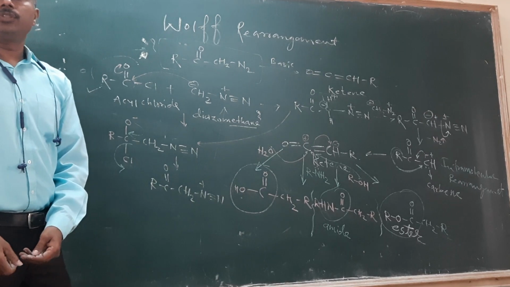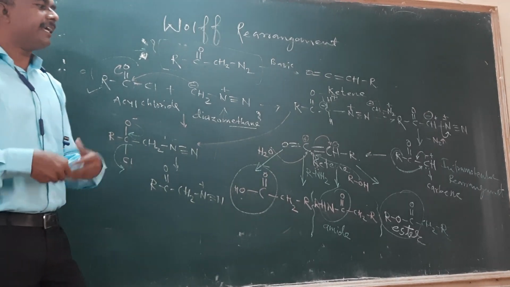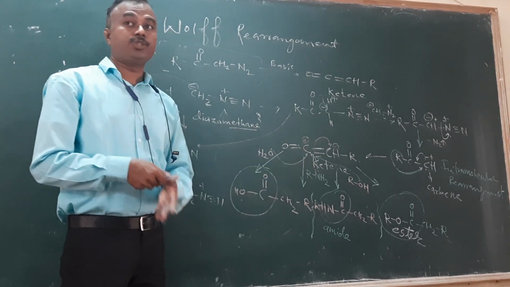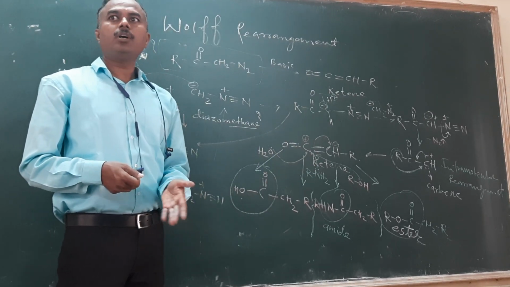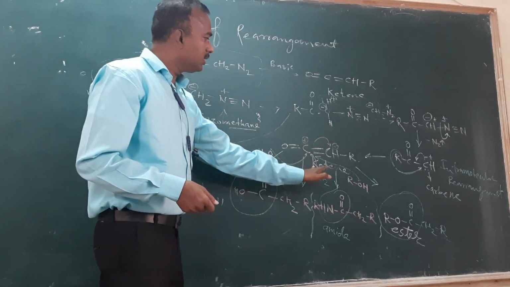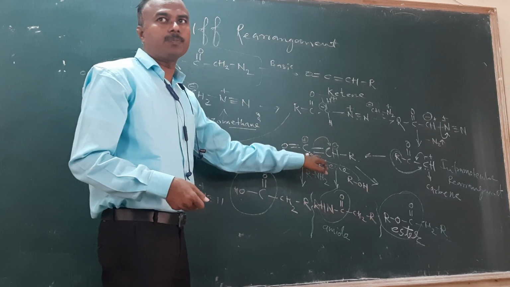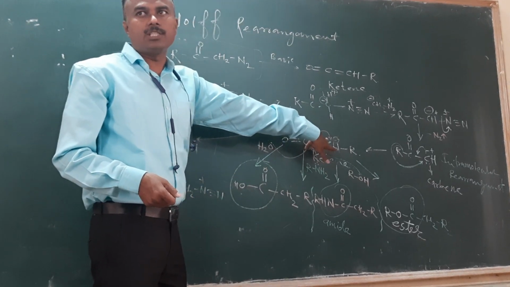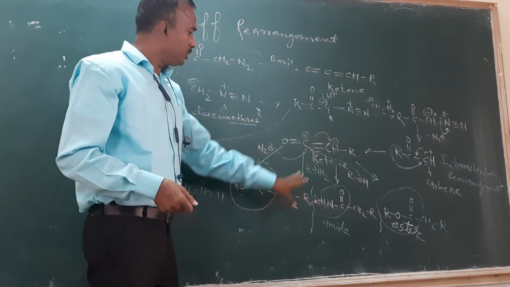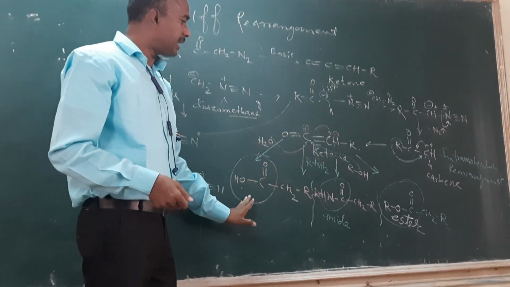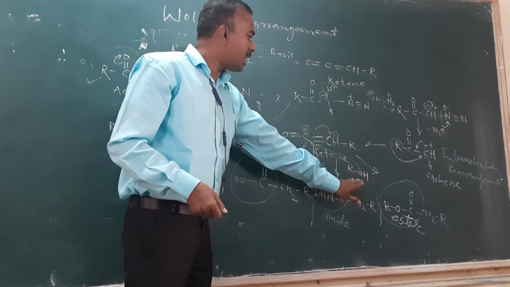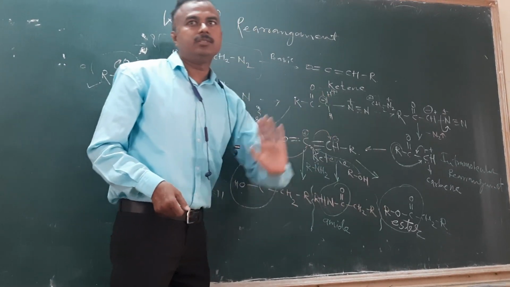Ester. So you can add any reagent on this electron deficient carbonyl. It should be electron rich, a nucleophilic reagent. That will attack on this carbonyl carbon and one proton will shift toward the methylene group. So you can add the water, you will get acid. You can add the amine, you will get amide. You can add the alcohol, you will get ester.